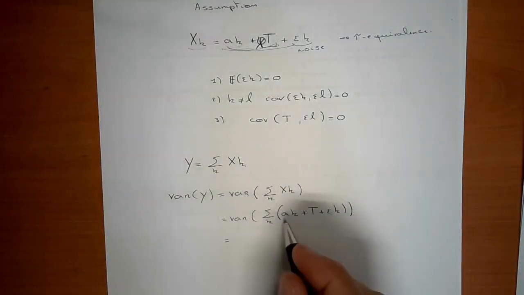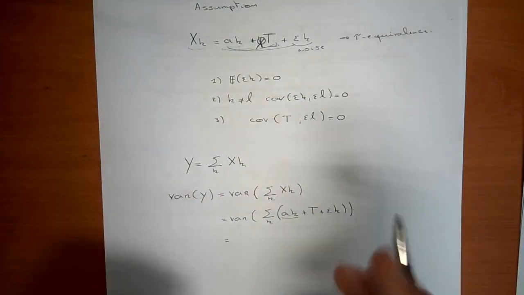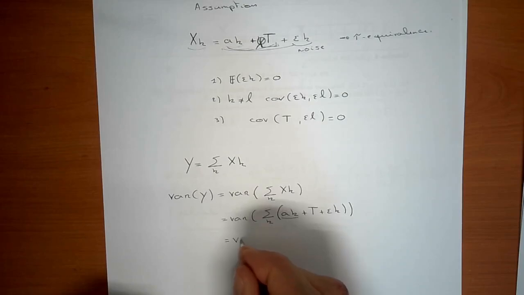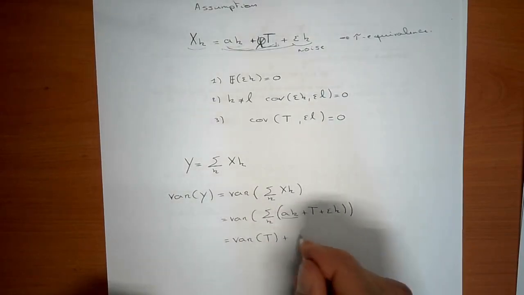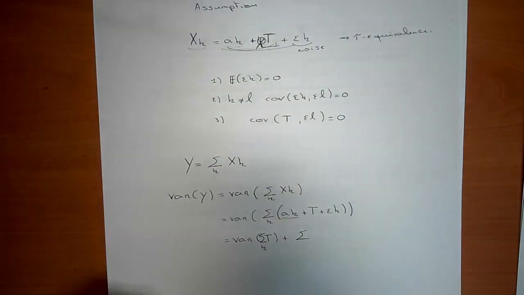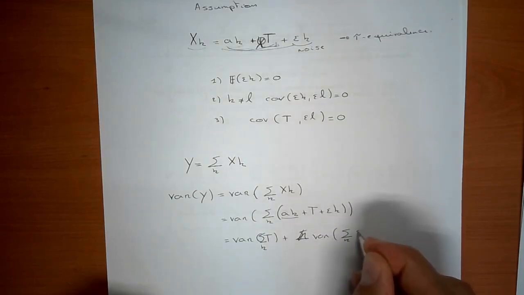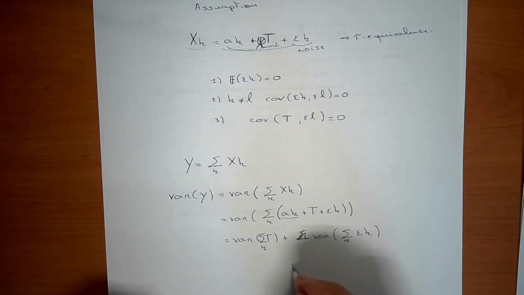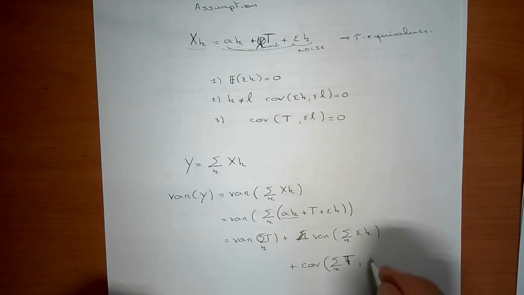The fixed part drops out, since the variance of a constant is 0. So it's equal to the variance of T summed over all k, plus the variance over all the noises, plus the covariance of the sum over k of T and the noises.